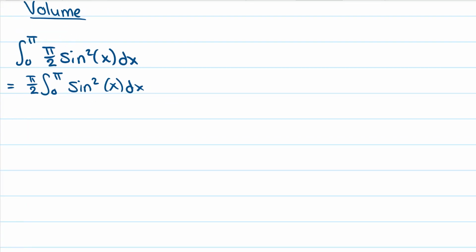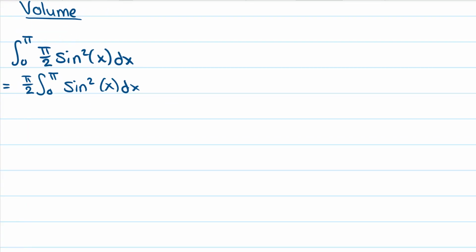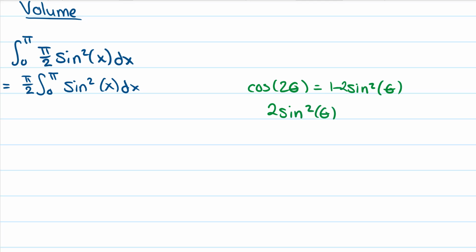To integrate sine squared, we're going to need a trig identity. We have that cosine of 2 theta is equal to 1 minus 2 sine squared of theta. Rearranging that, we get 2 sine squared of theta is equal to 1 minus cosine 2 theta.